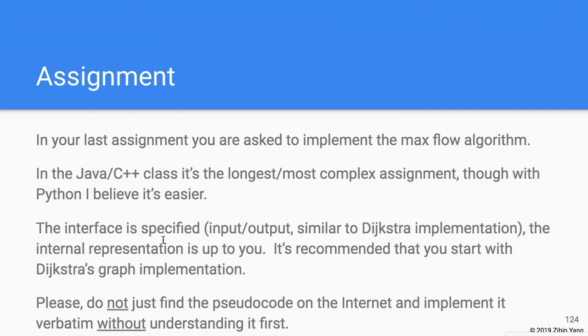One last thing I want to say, which I've seen before and hope doesn't happen again: don't just find detailed line by line pseudocode on the internet and implement it verbatim without understanding how it actually works. Please do understand how it works, which I already explained. Hopefully that makes sense, and your implementation is based on your own understanding of the algorithm.